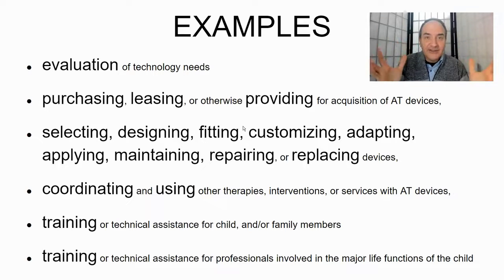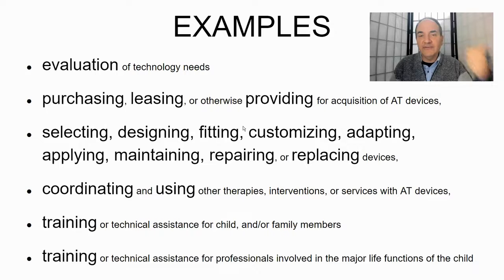We educators are helping people select stuff, implement stuff, customize stuff, adapt stuff, fix stuff if it's broken, and then coordinating, learning around what that stuff is, how to implement that stuff, right? How to use it, right? So all of that is an assistive technology service, right?